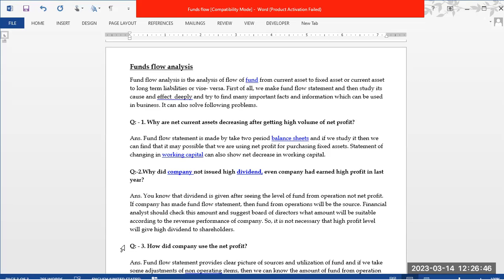Then the financial analyst should check this amount and suggest to the board of directors what amount will be suitable according to the revenue performance of the company. So it is not necessary that a high profit level will give a high dividend to shareholders.